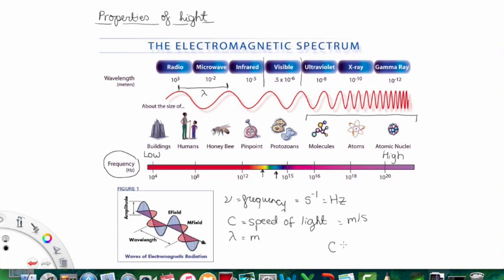It's that the speed of light is lambda, or the wavelength, multiplied by the frequency. And this is always a value of 3 times 10 to the power of 8 meters per second in a vacuum. So this is a constant, and this equation is something that you'll have to know. So this is the classical mechanics description of light.